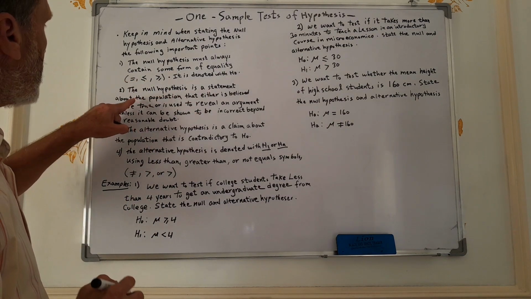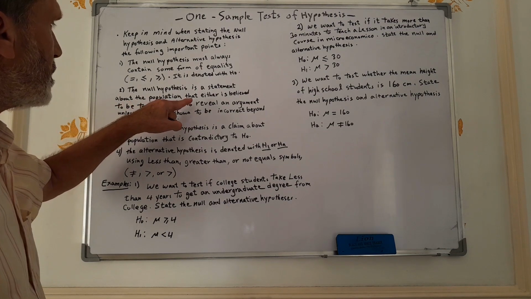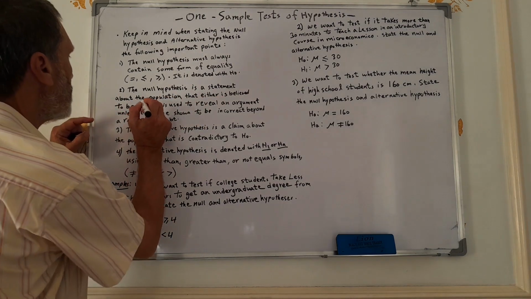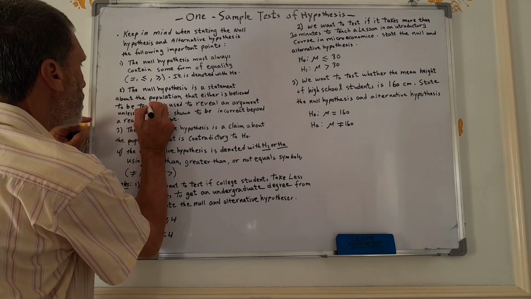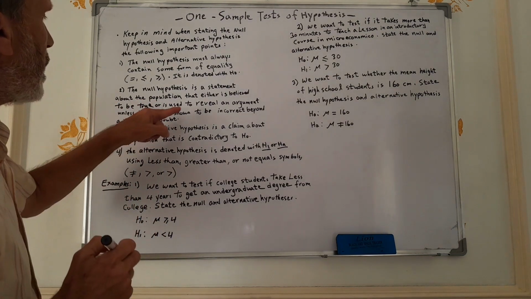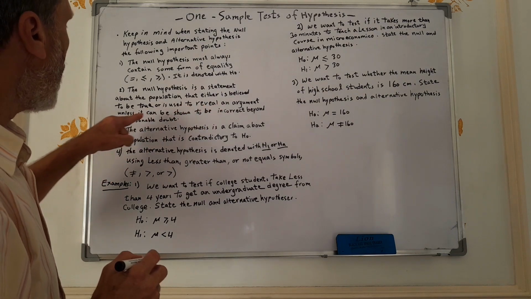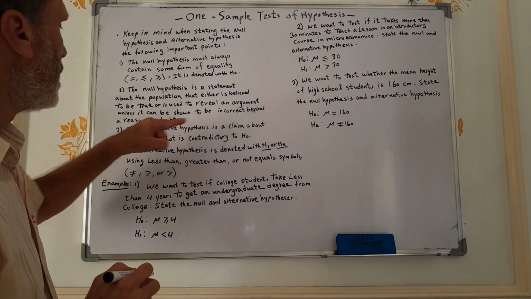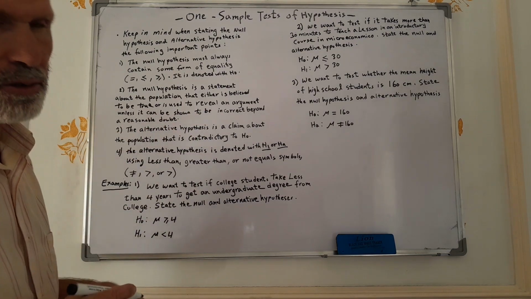is a statement about the population that either is believed to be true or is used to reveal an argument unless it can be shown to be incorrect beyond a reasonable doubt.